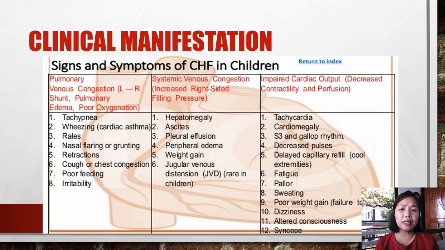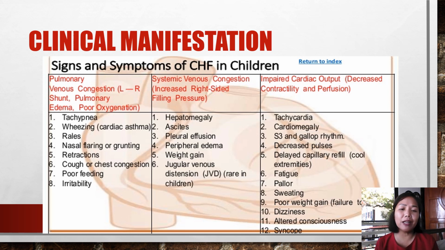These are the signs and symptoms of heart failure depending on the causes of heart failure. Those with congenital heart disease with left to right shunt may present with tachypnea, wheezing, rales, retractions, poor feeding, or irritability.